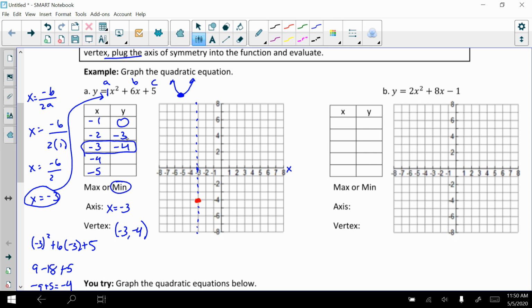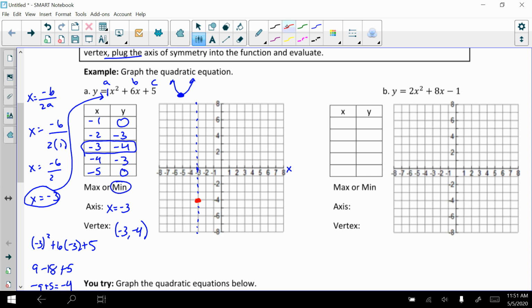Once you find y-coordinates on one half, all you have to do is switch them down to the other half of the vertex because the parabola is symmetric. So that means at -4, the y-coordinate is -3, the same as right here. At -5, the y-coordinate is 0. I don't have to go plug those in because I know the parabola is symmetric. Once you do one half, you automatically get the other half for free. All you have to do is copy it.